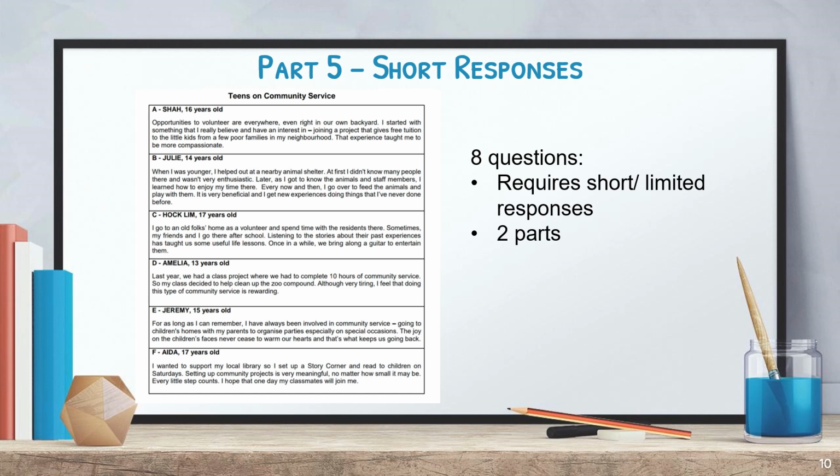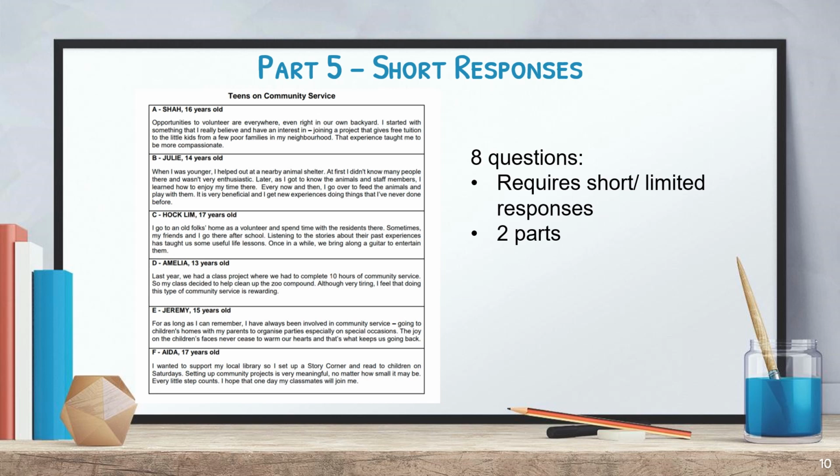For Part 5, it is on short responses. This question is divided into another 2 parts, which require short or limited responses. There will be 8 questions asked. You'll be given a stimulus.